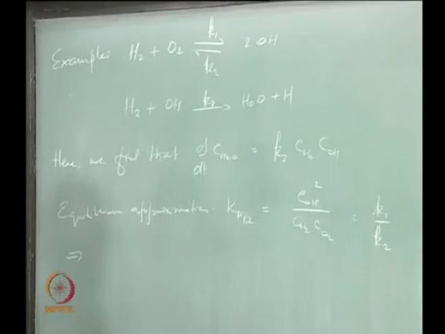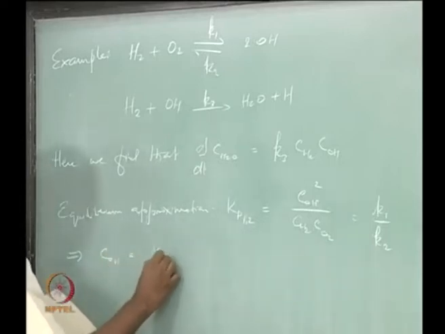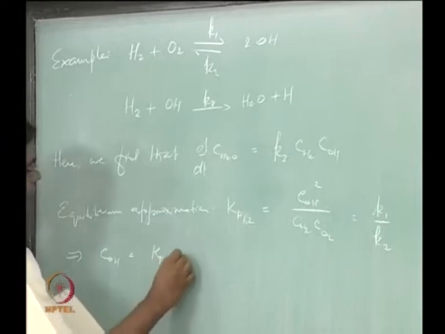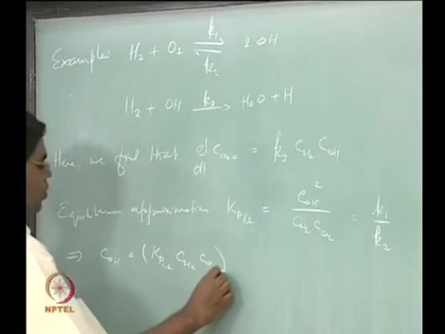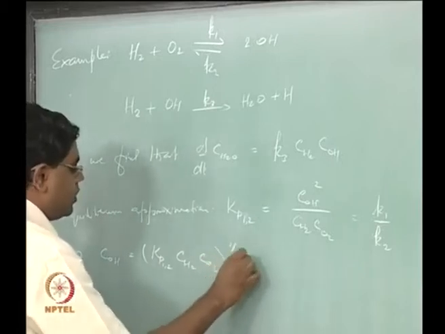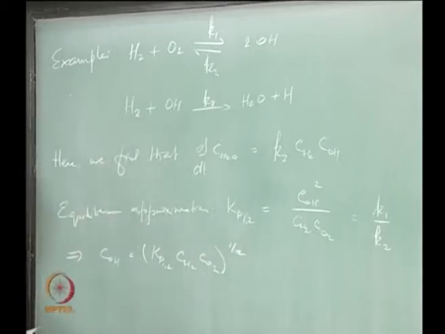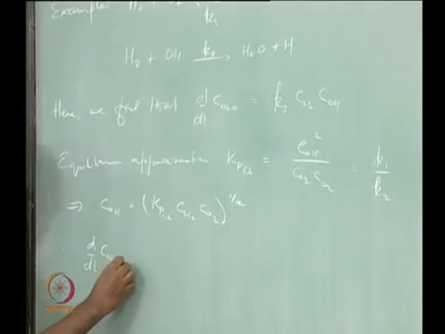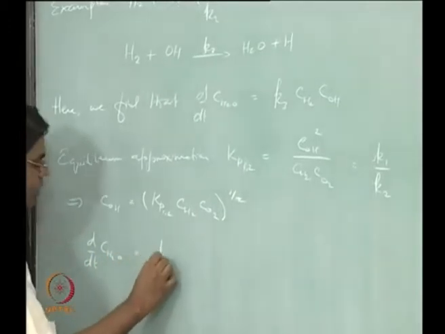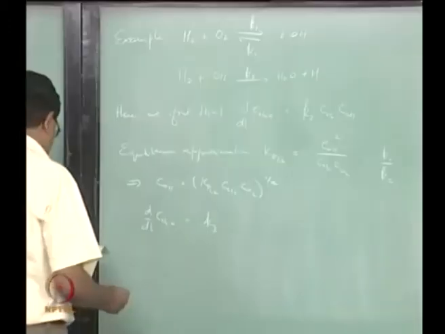So if you now use this, from here you try to evaluate what your COH is. So COH then is Kp1,2 CH2 CO2 all to the half, and therefore dCH2O/dt is K3.